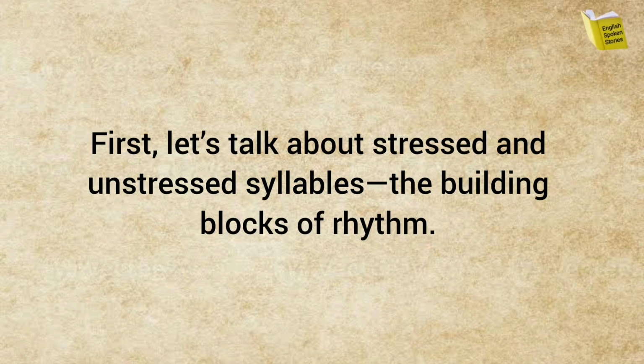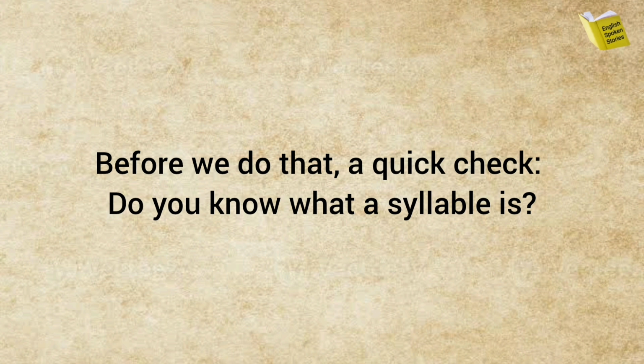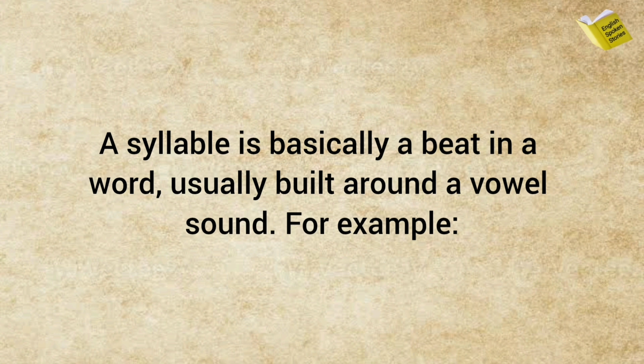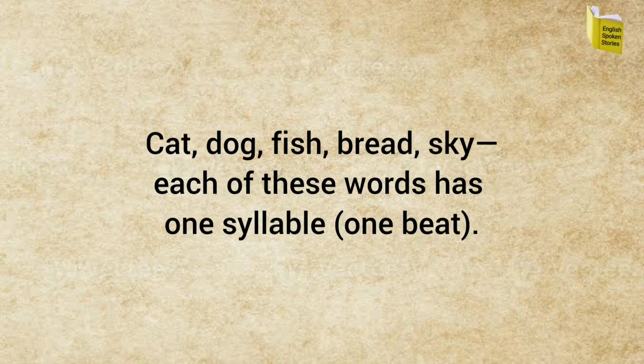First, let's talk about stressed and unstressed syllables, the building blocks of rhythm. Before we do that, a quick check. Do you know what a syllable is? A syllable is basically a beat in a word, usually built around a vowel sound. For example, cat, dog, fish, bread, sky.